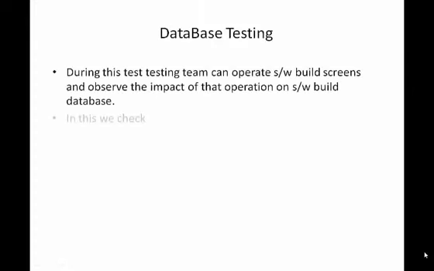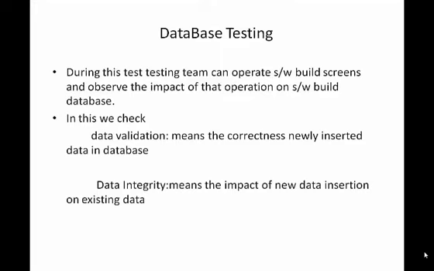Next is database testing. During this testing, the team can operate software build screens and observe the impact of that operation on the software build database. In this we can check data validation and data integrity. What is data validation?